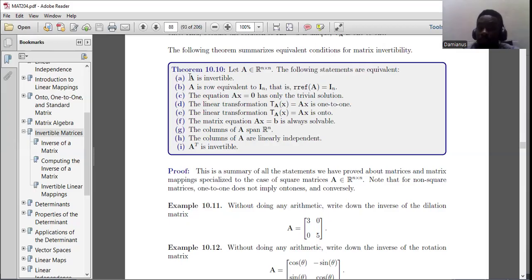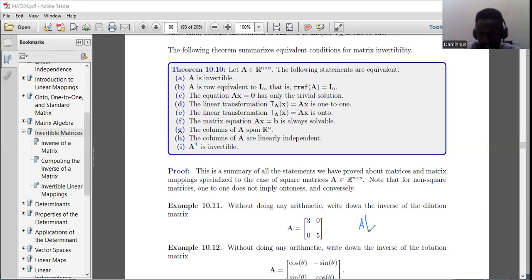If A is invertible, then A is row equivalent to I_n. Remember the thing we've just discussed: A invertible means A inverse exists, all right?